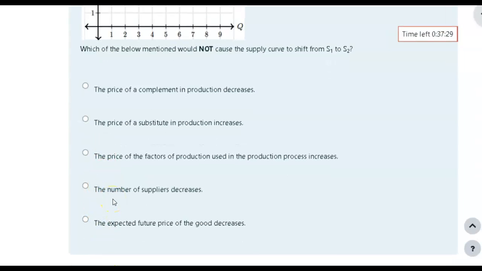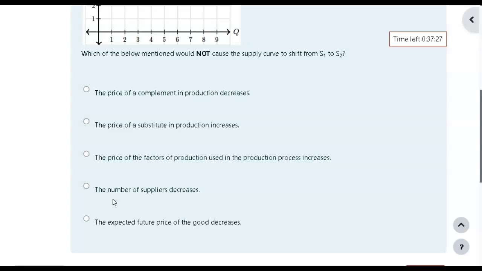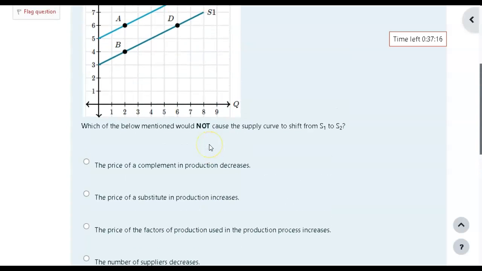Okay, so which of the below mentioned will not cause a supply curve to move? I would say this, because think about it. If the future price of a good decreases, let's say you're a business and chocolate in 2 weeks' time will go from 10 Rand to 5 Rand.